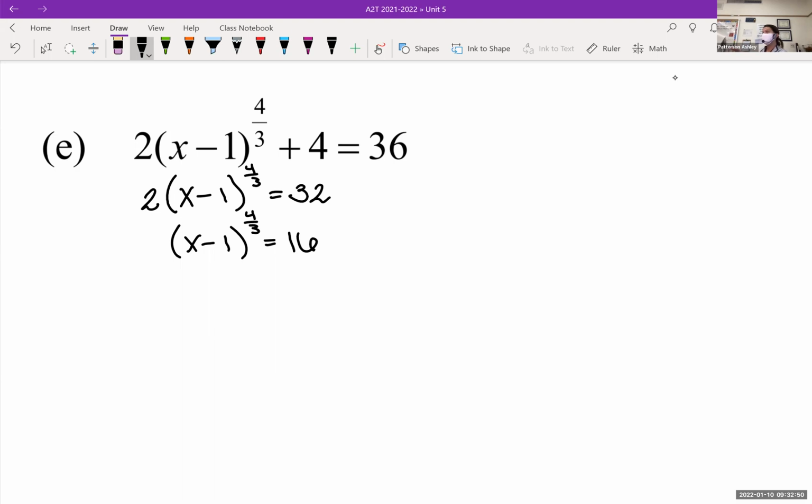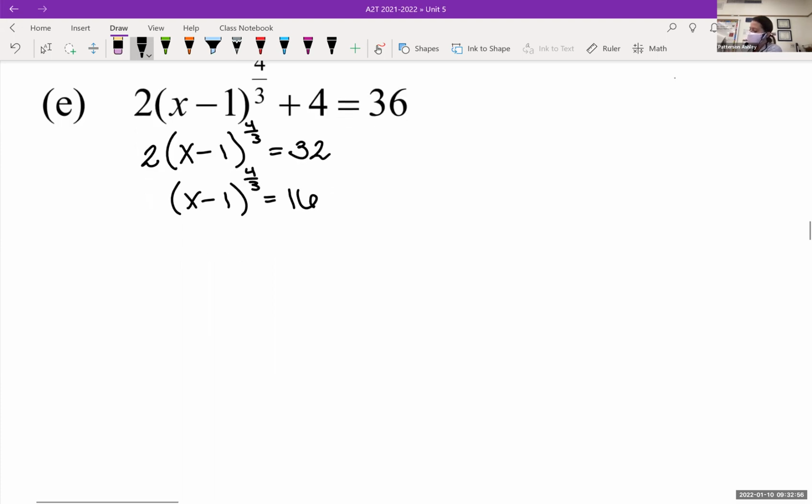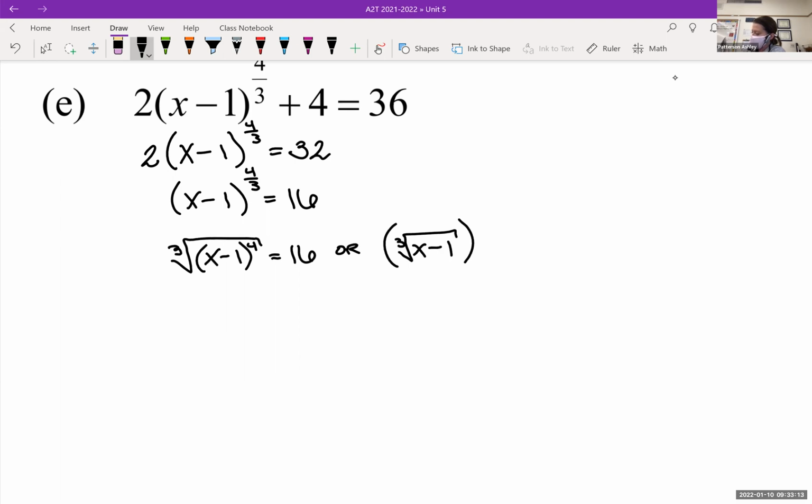And since the numerator is a number other than 1, there's a little bit of analysis that's going to have to occur on our part. We will either want to take the cube root of the quantity raised to the 4th power, or we're going to want to take the cube root of the quantity with the 4 exponent on the outside.